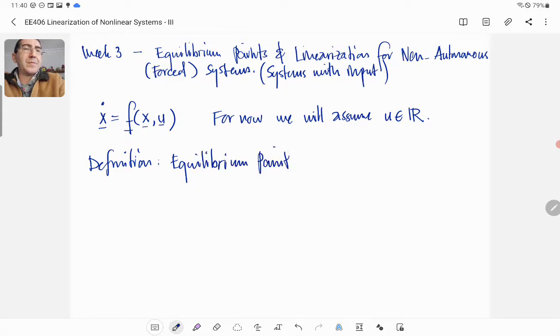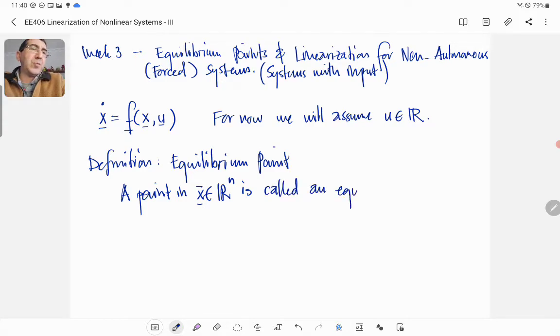So a point x bar, which is a vector again, in Rn is called an equilibrium point. We can also sometimes call this the equilibrium state.